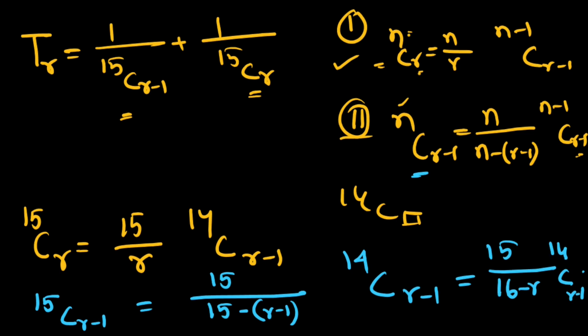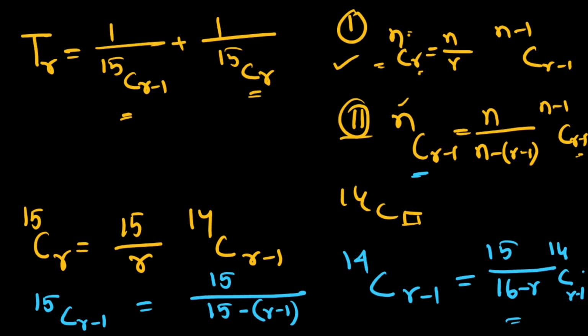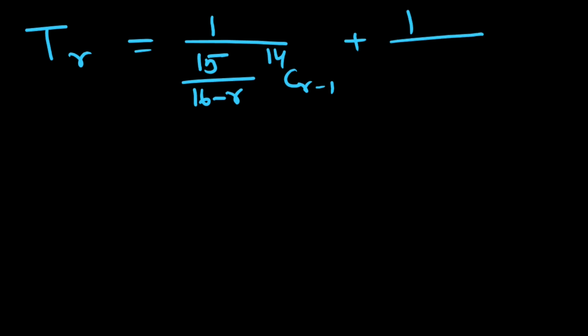Now we put these values in TR: 1 over [15 over (16 minus R) times 14C(R minus 1)], and also 1 over [15 over R times 14C(R minus 1)].